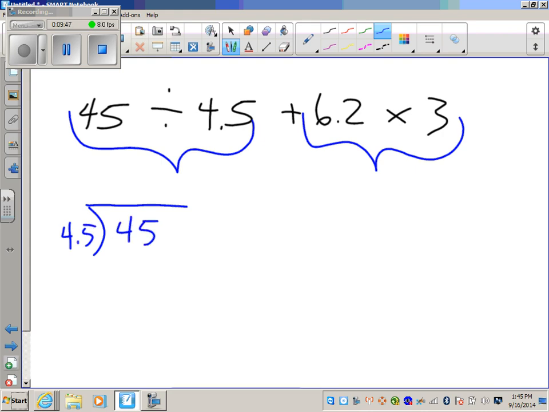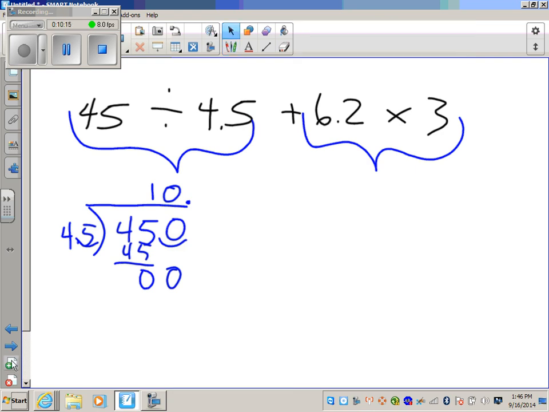Now, since we've done a whole lesson on dividing with decimals, what has to get done before I can complete the work here? You have to make the 4.5 a whole number. And then, since it's one place on the outside, one on the inside, add the 0. How many times is 45 going into 45? Once. Since I have to take it all the way to the decimal, I need to put a 0 there. So what I have, first of all, is a 10.